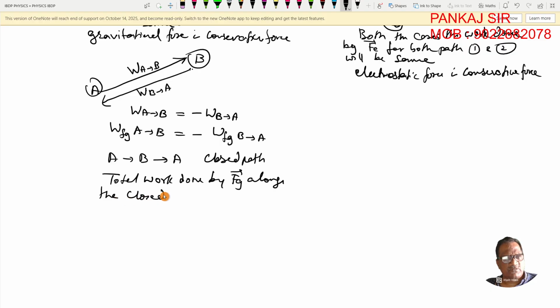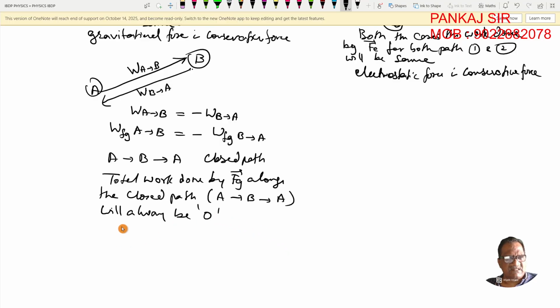What is the meaning of closed path in this case? Going from A to B and returning from B back to A. This is known as closed path.